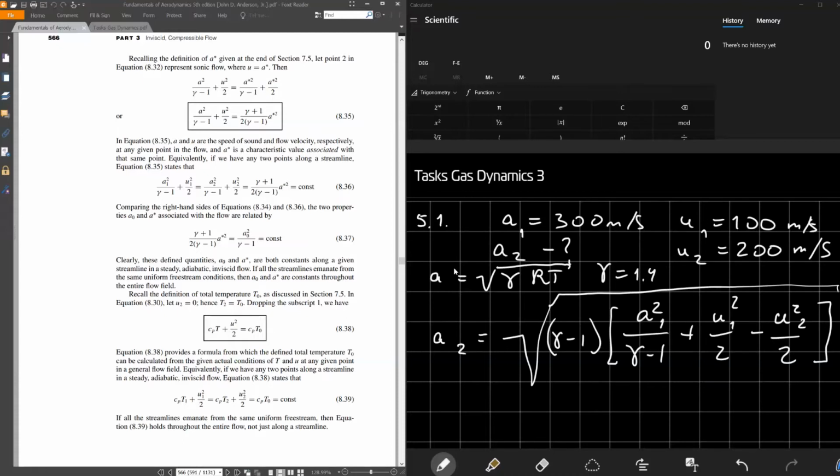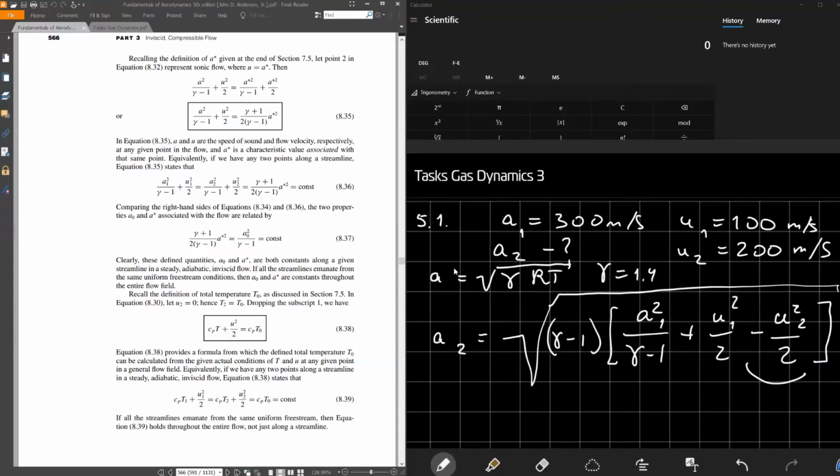Take care, there can also be some trick here. If the velocity is very high, the expression can become negative, bigger than the positive part of the equation, and you can get a negative under the square root.